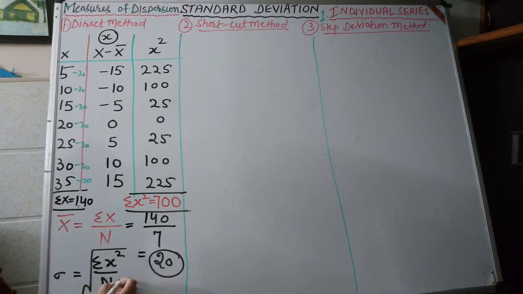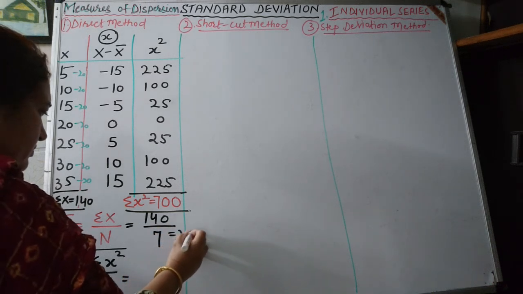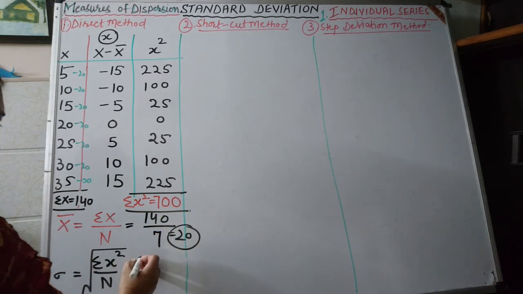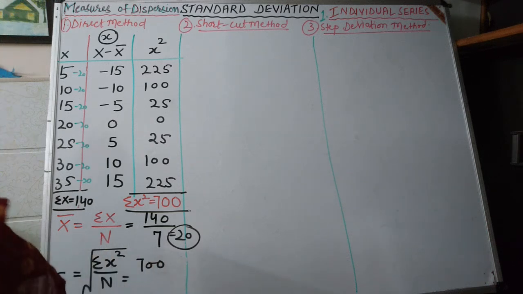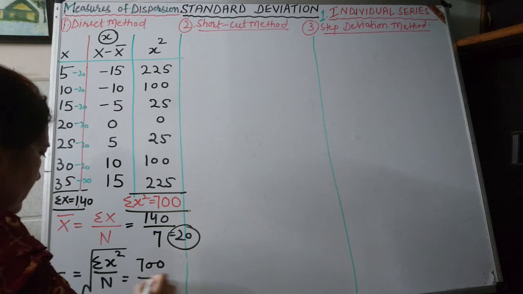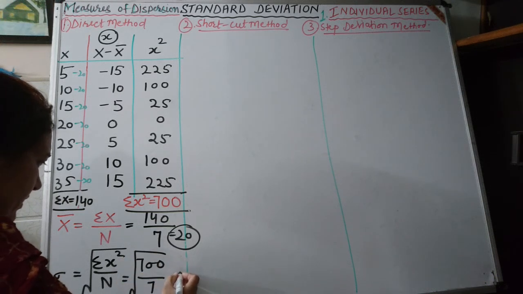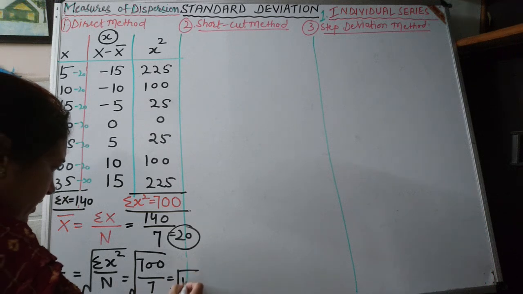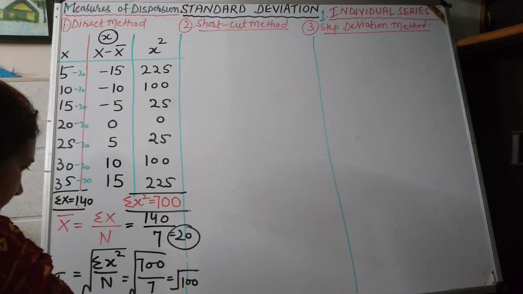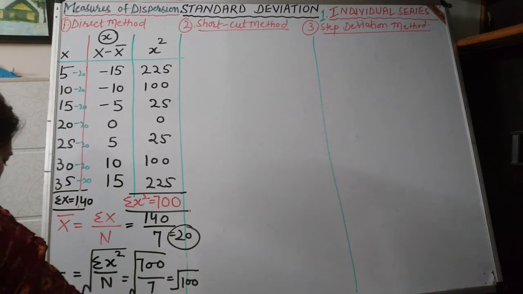The value of summation x square is equal to 700 and the number of items n is equal to 7, so it is under root 100, which is equivalent to 10. So the value of standard deviation is equal to 10. 10 will be the answer.